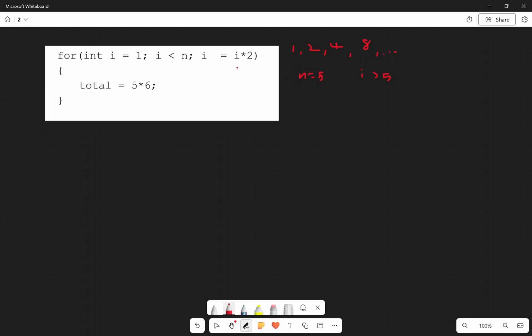Therefore, this one's going to exit. So we can't guarantee that each part will execute n times. This part will execute 1 time. Okay, we're always aware of that.